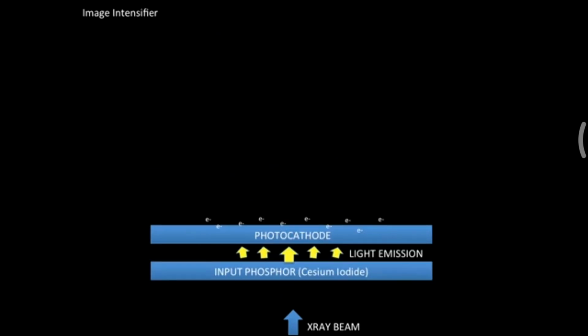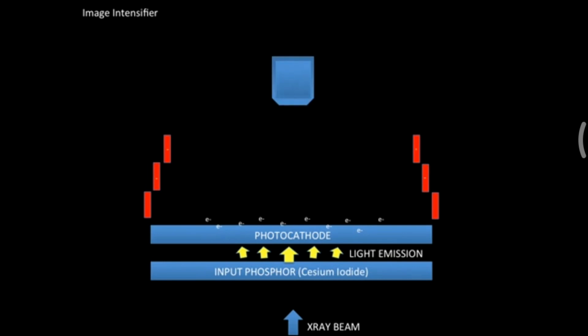In addition to that, after we generate the electrons, we have the focusing plates. Those focusing plates are negatively charged in order to repel the electrons and guide them towards the anode. The anode will be positively charged. You also have the output phosphor at that level, and the positive charge is pretty high.